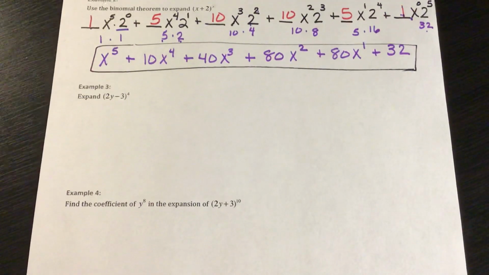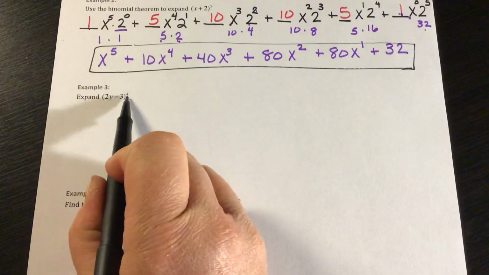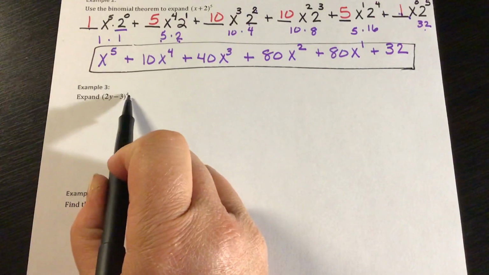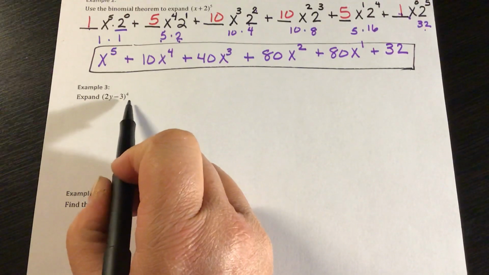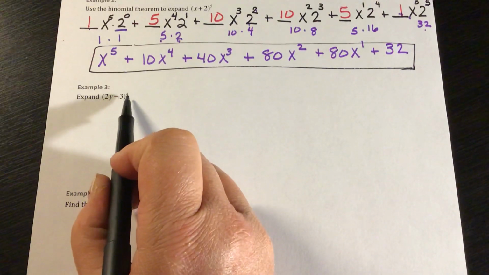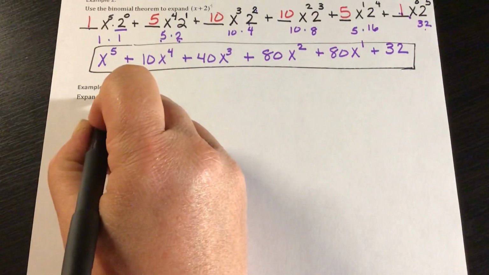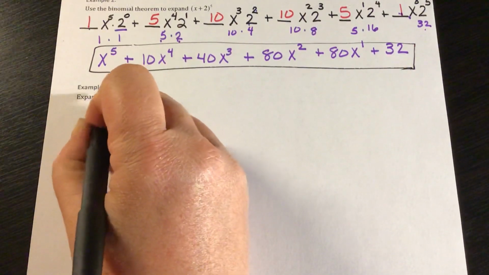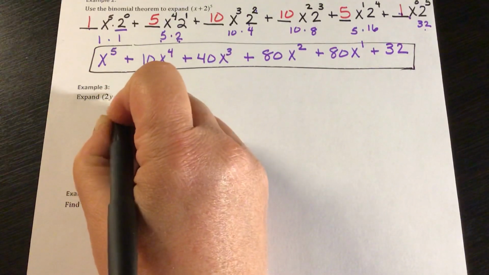This time we have a 4th power, so the number of terms is always going to be 4 plus 1 is 5. Okay, so whatever our n is, if I add 1 to that, it's going to be 5 terms. All right, so my first term is going to be 2y, and my second term is going to be 3.